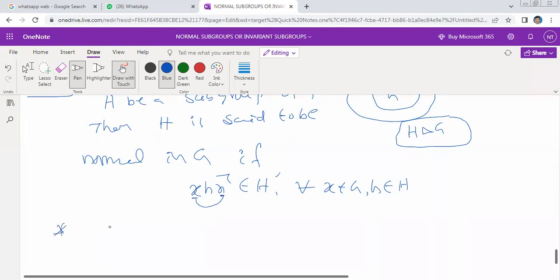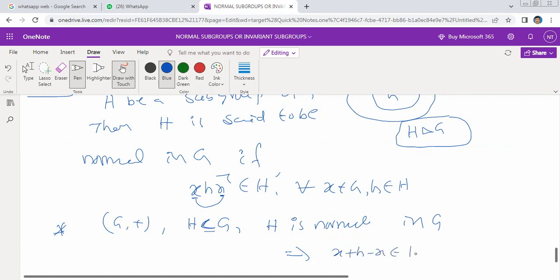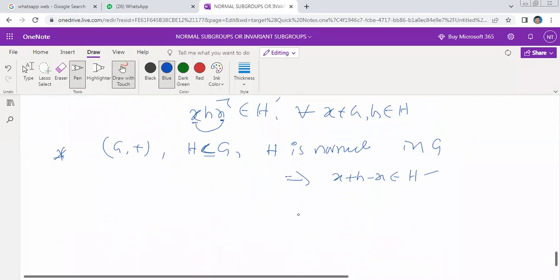Suppose if you take G plus is a group, H is a subgroup of a group G. The symbol for subgroup, H is a subgroup of a group G. Yes, then H is normal in G. The notation is what we call X plus h minus X belongs to H. X plus h minus X, because X is an element, X inverse is minus X, which belongs to H. Then we say that H is a normal subgroup of G. This is the normal subgroup notation.